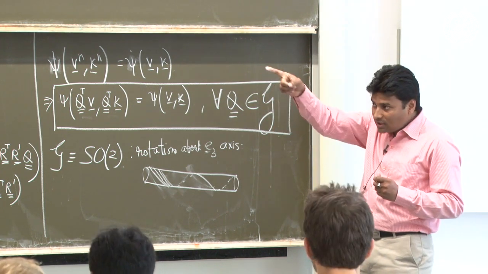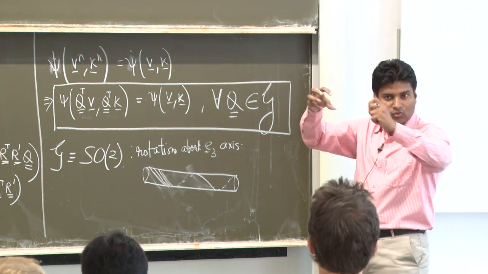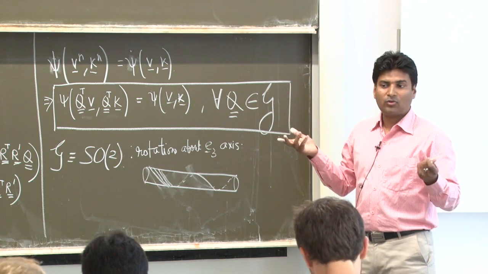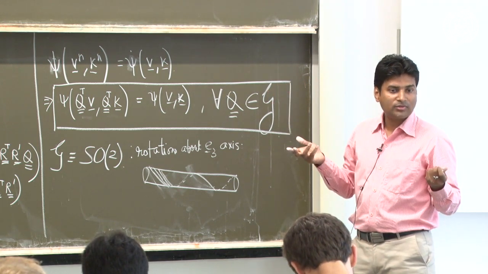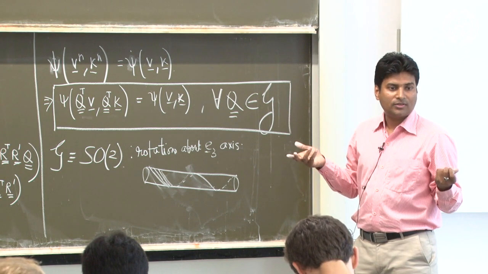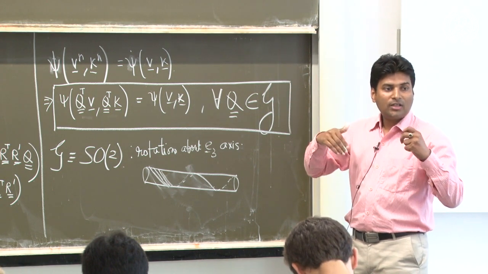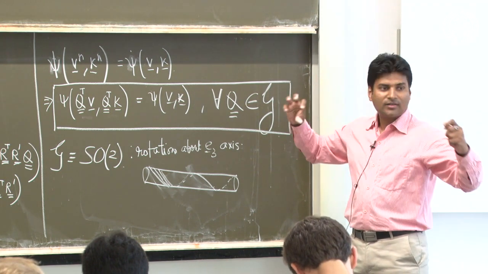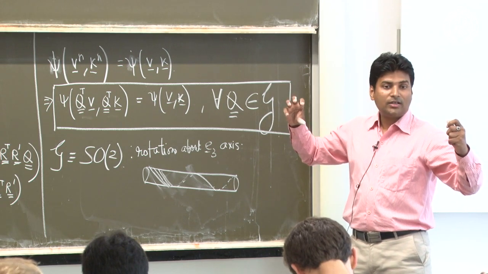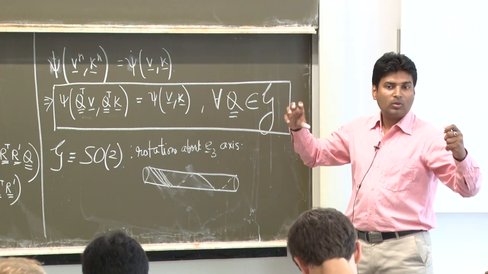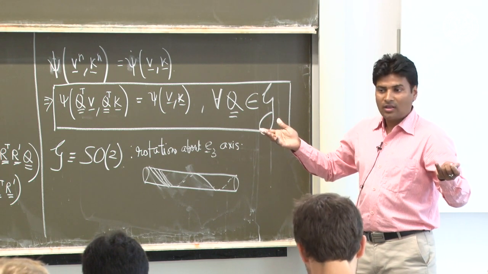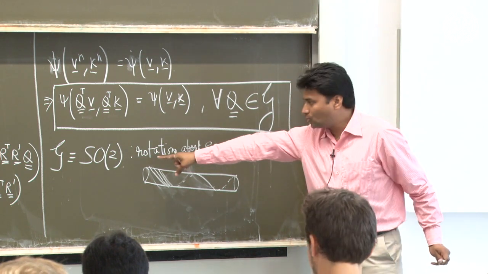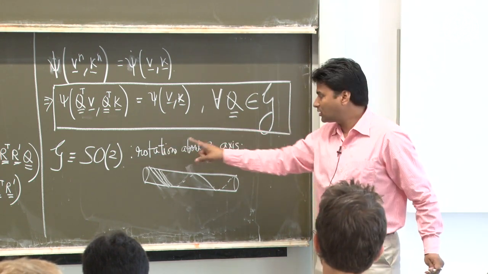If you have three such ropes intertwined, it has threefold symmetry. If you have four such ropes, it has fourfold symmetry. And if you have infinite such ropes intertwined, then that discrete symmetry will become continuous symmetry, and it will have that SO2, all rotations about the E3 axis.